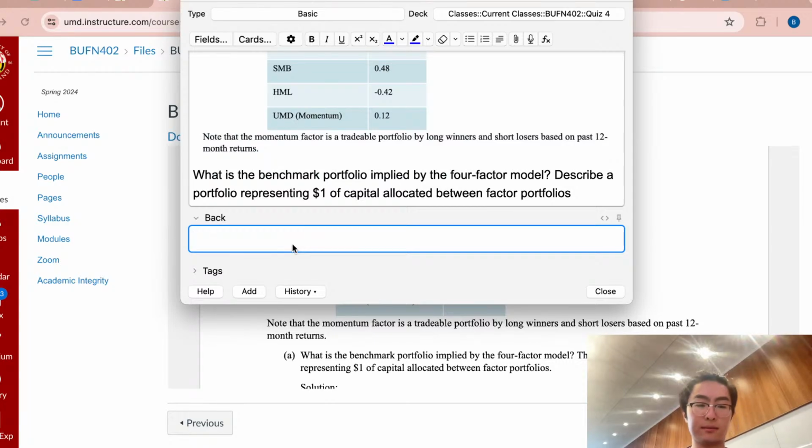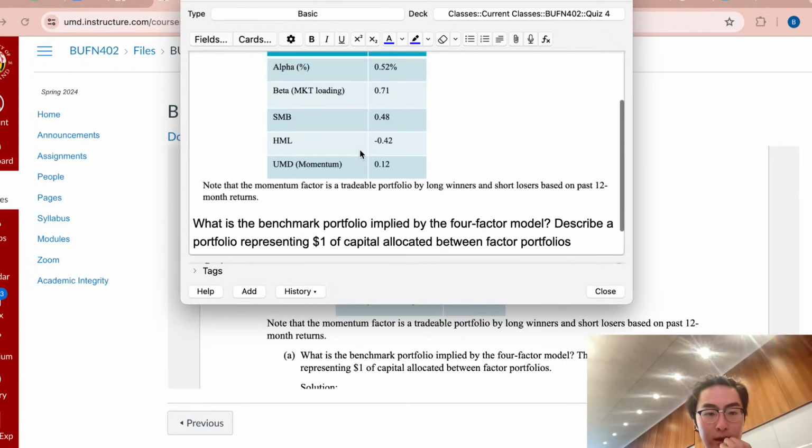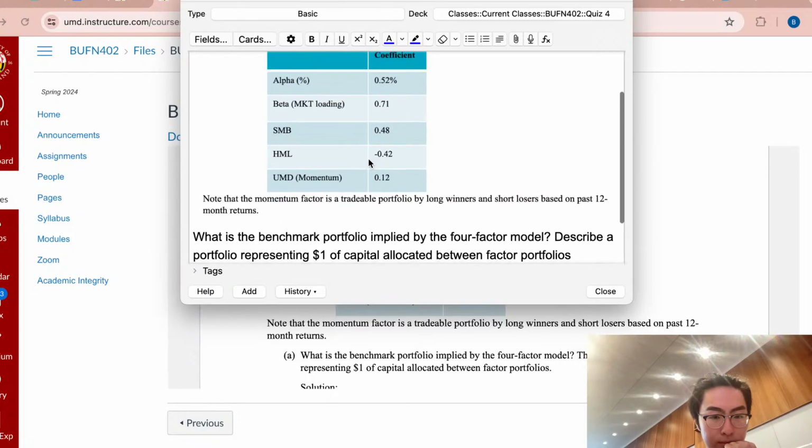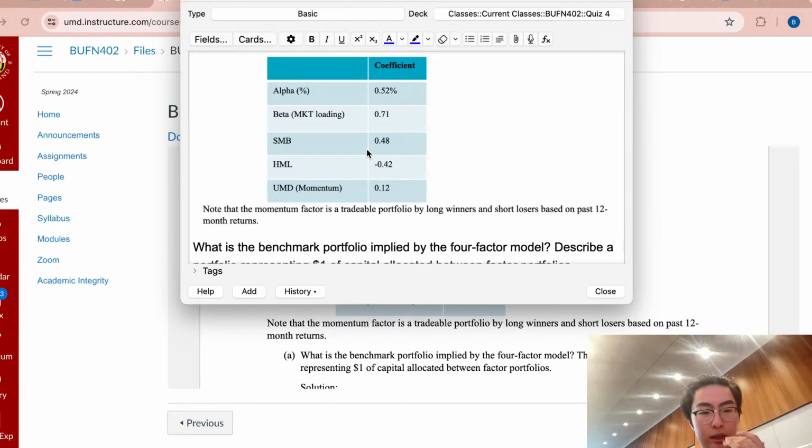So I think then our benchmark portfolio is going to be five different things. 3 of these are the coefficients. 2 of these are going to be risk-free, and then the beta. And then we also have this kind of outperformance variable here, which is our alpha.